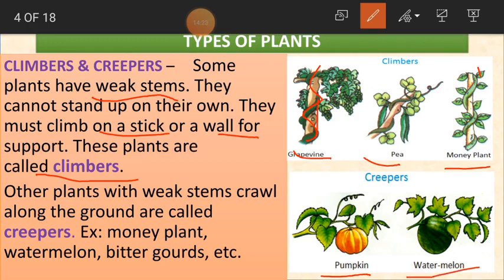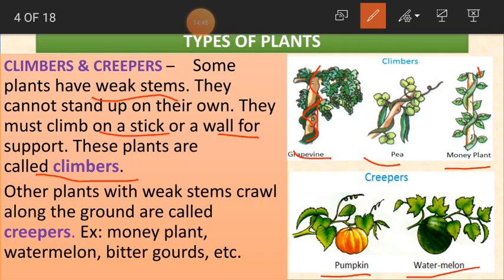So here in the diagram we are having a pumpkin and watermelon. If you see, children, these type of plants, creepers, they just grow along the ground only. They cannot climb. They cannot stand. They are not strong. They are not big or tall. They don't have so many bushy leaves. The only thing is they just crawl along the ground and have weak stems.